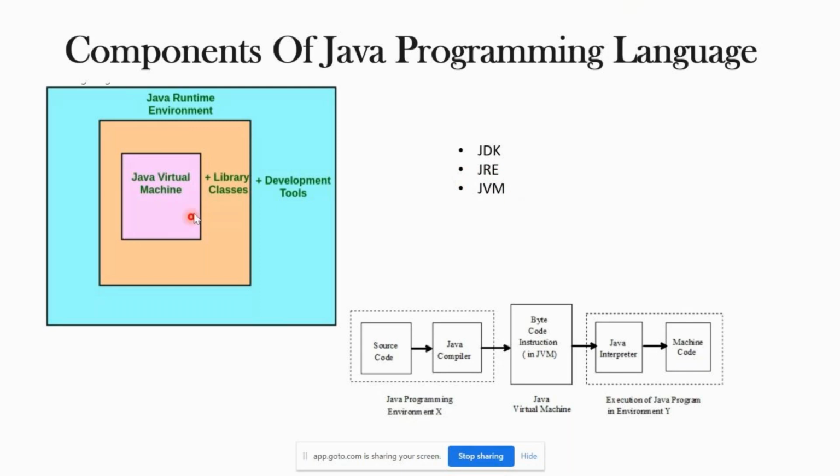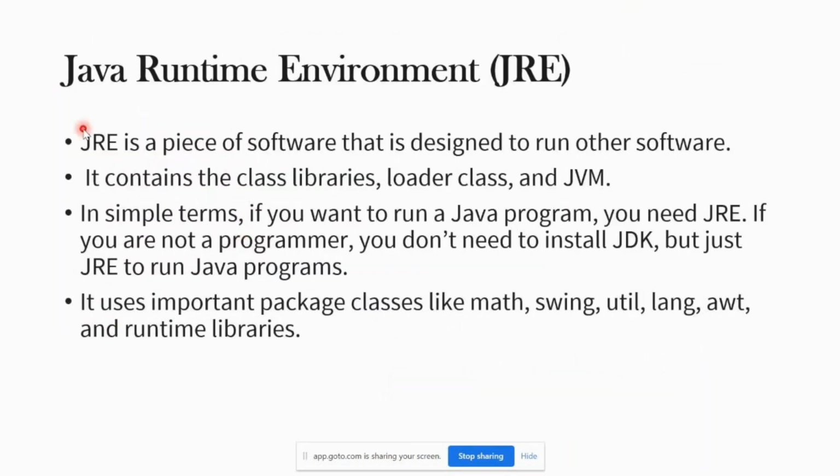That is, you need JVM and some library files alone. That is called JRE. You don't need the extra things in your laptop. Only JRE you can keep and you can run the software. So JRE is a piece of software that is designed to run other software.